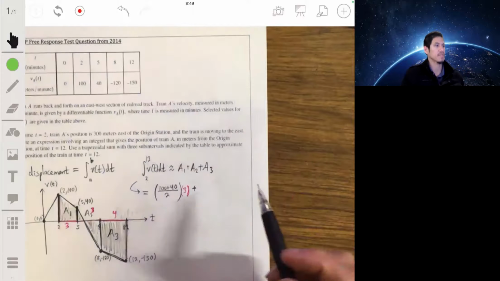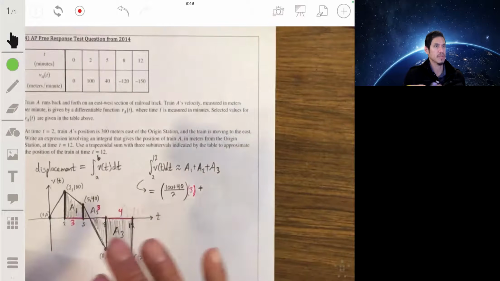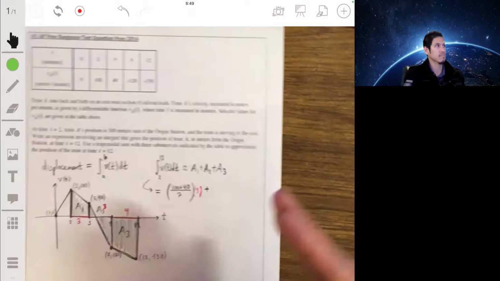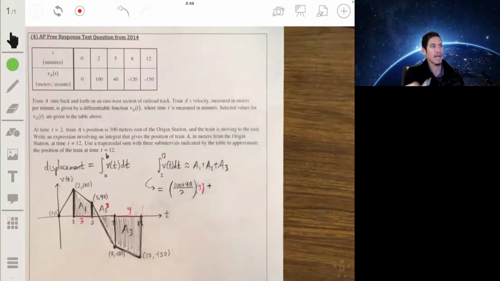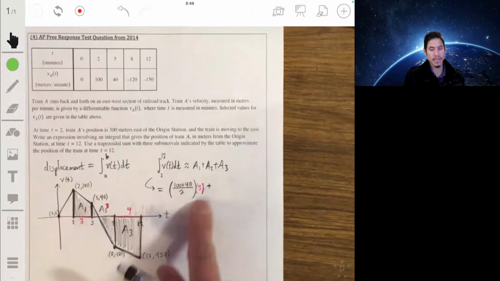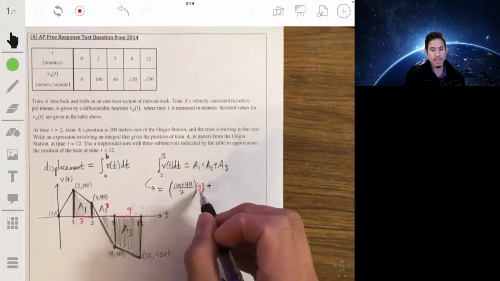If you need a refresher on how trapezoids work for integration, I showed it in the previous problem, so I don't want to waste extra time. But this is b1 plus b2 divided by 2 times the height.